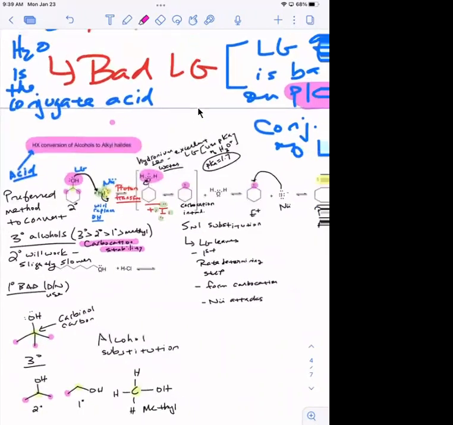So that matters, right? If it's a tertiary, it's going to be really fast. Secondary, it's going to slow down a bit. Primary is going to slow down to a crawl, and probably the mechanism is going to change from being SN1 to SN2. All right. Any questions?